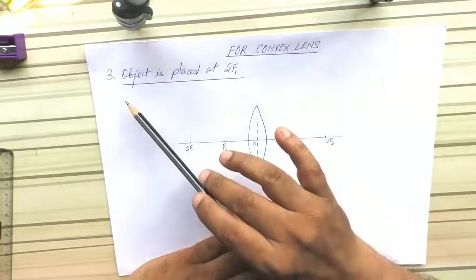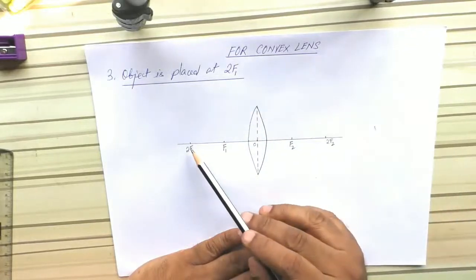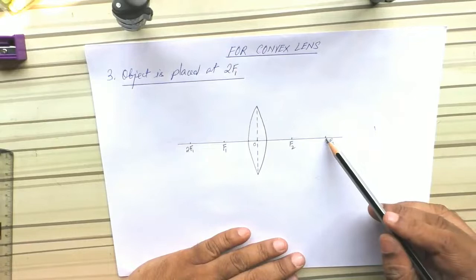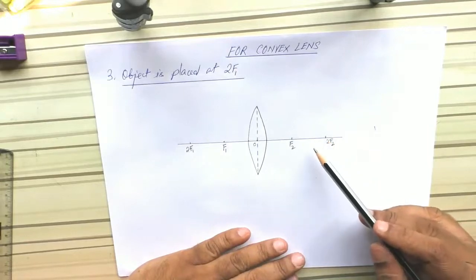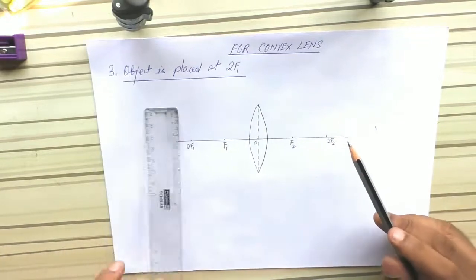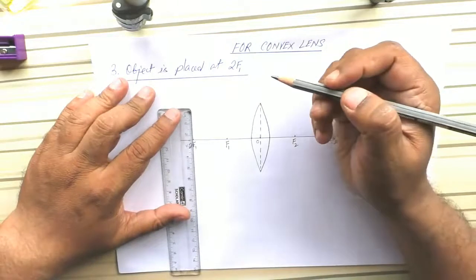Now the third point, where object is placed at center of curvature 2F1. If we place object at center of curvature, image is also formed at center of curvature. If you know this thing, it will be easier to you to draw the diagram. So here I am placing the object at center of curvature.